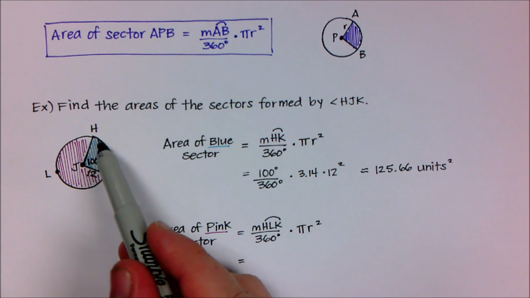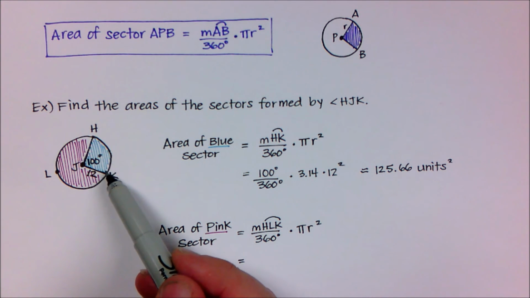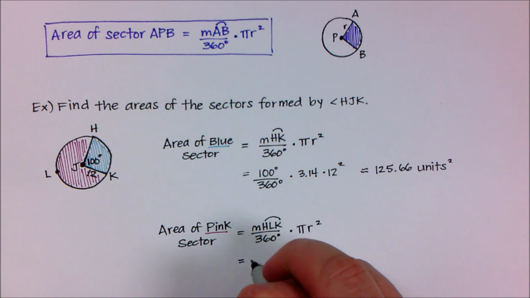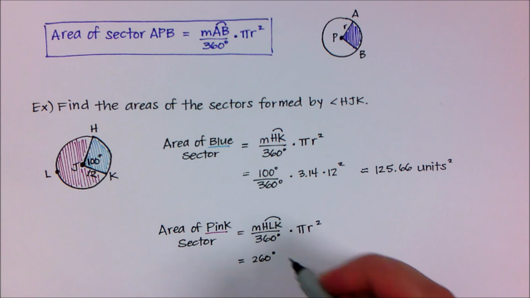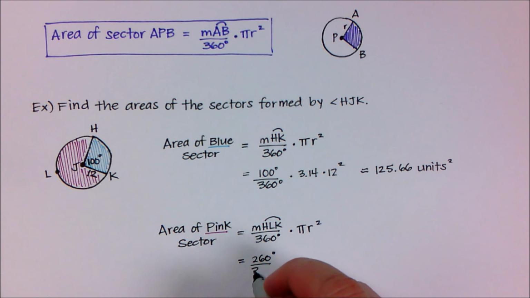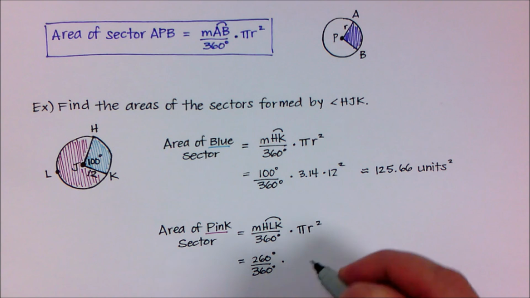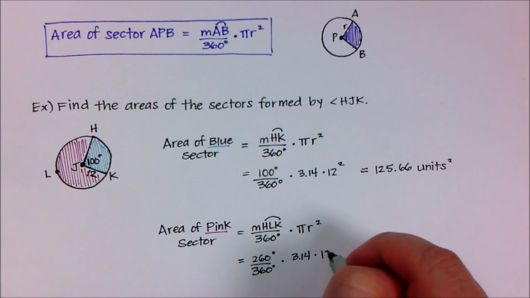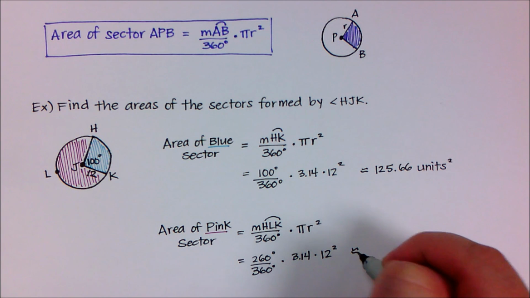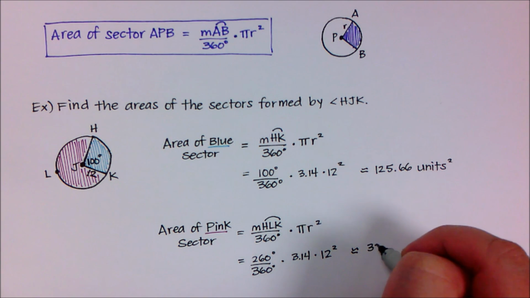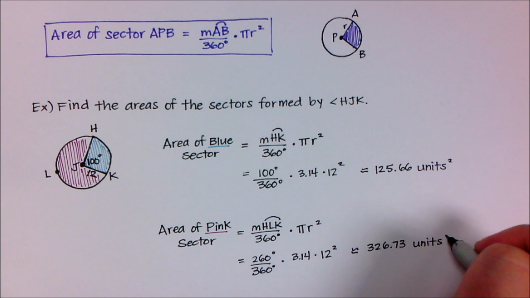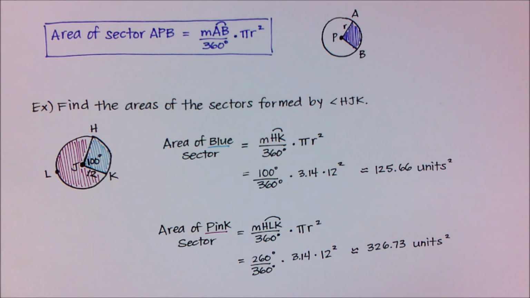So if I know that from H to K is 100 degrees, then all the way around would be 360 minus 100, so it's going to be 260 degrees, divided by the 360 degrees, times pi is 3.14, times the radius again is 12 squared. And when I plug that into my calculator, I find that it's close to 326.73 units squared.